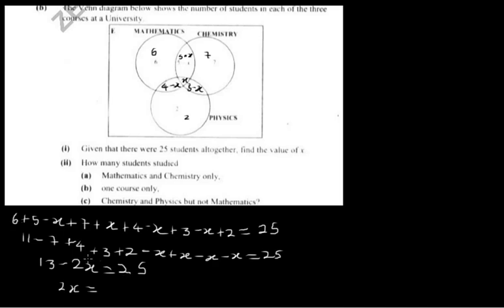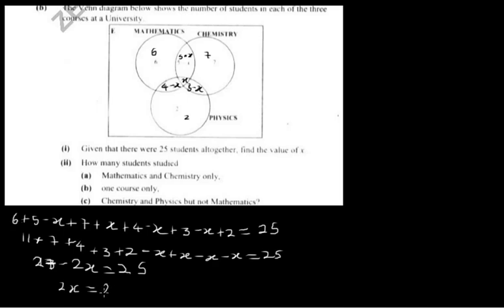so we just realized we wrote a minus, so this is supposed to be plus. So meaning we will have 11 plus 7, which is 18, plus 4, which is 22, plus 3, which is 25, plus 2, which is 27. So this is supposed to be 27, and we will have 2x.